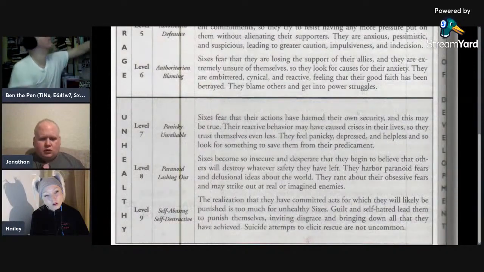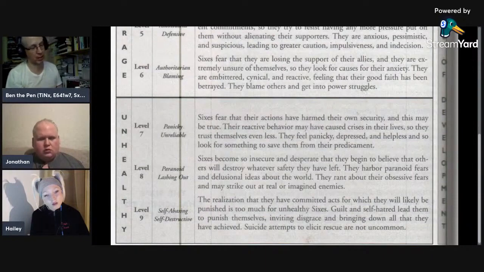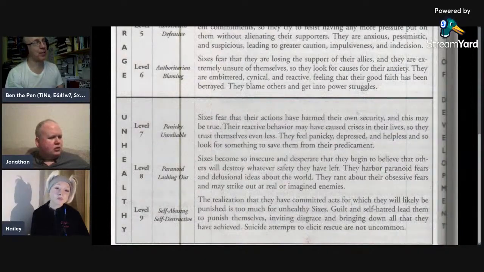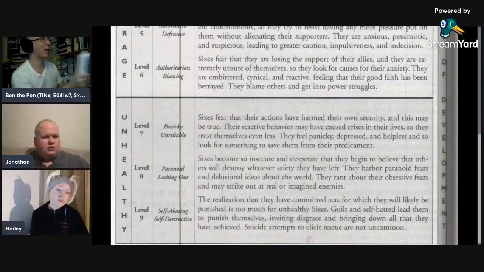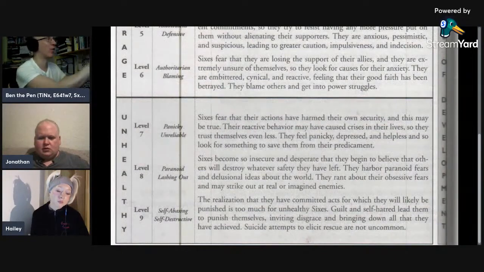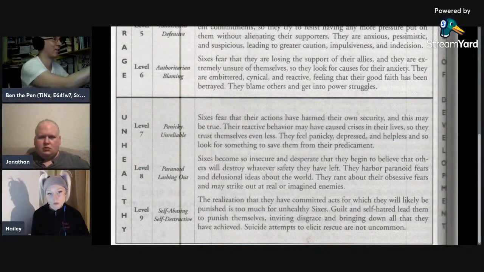The way it was written in this book by Beatrice Chestnut about the 6, and I think Jonathan put it, is that the 6 fixated person wants an authority. They want to follow someone who is really good. They want the authority, and they feel annoyed when somebody isn't that authority.